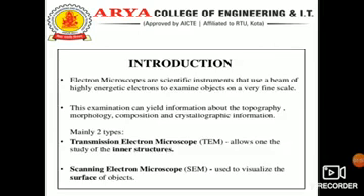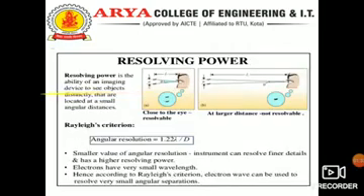Transmission electron microscope, meaning TEM, which allows the study of the inner structures, and the second type is scanning electron microscope, meaning SEM, which is used to visualize the surface of objects.